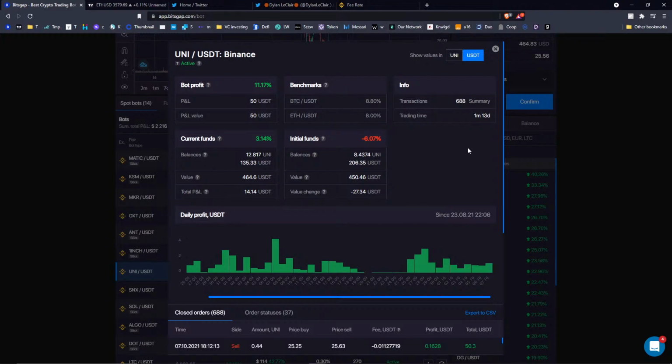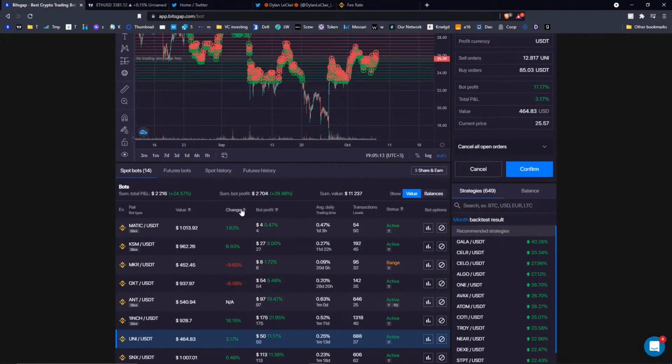Things like the bot profit value fluctuate every day, and I don't know what the bot profit was yesterday, for example, or a week ago. That's something we are working on as well, to let you monitor your weekly, daily, monthly activity.